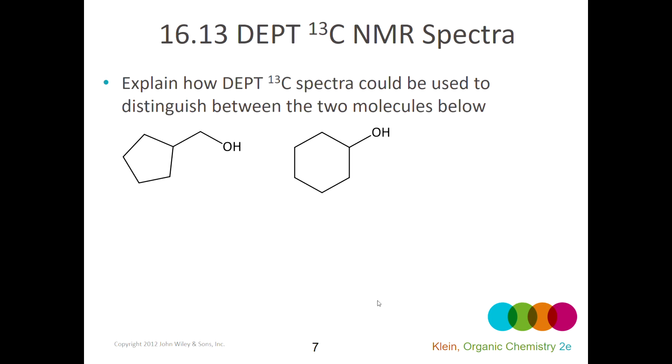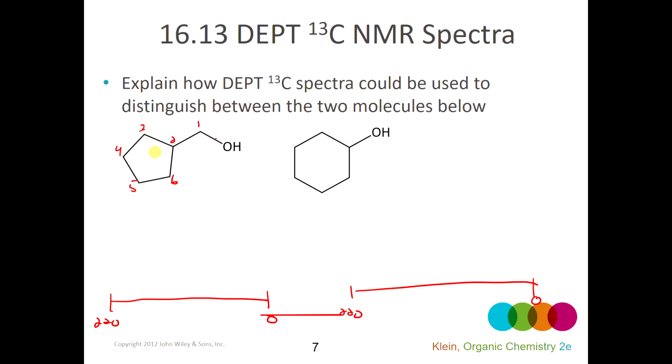So how would the DEPT potentially be used to differentiate between these two structures? Because if I were just looking at the carbon 13 for one or for the other, what I have here is 1, 2, 3, 4, 5, 6 carbons in one structure, 1, 2, 3, 4, 5, 6 carbons in the other structure.